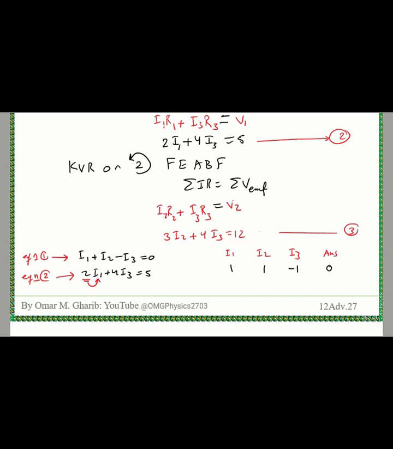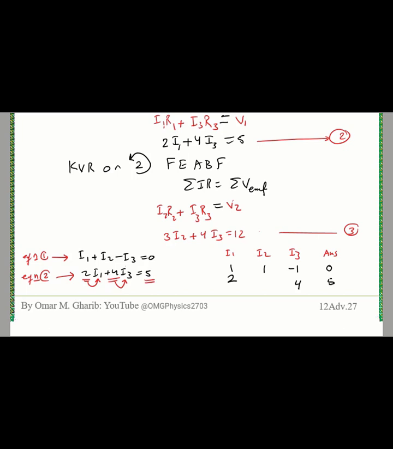So put it in our determinant under I1. So here we have 2. The second number, coefficient 4, it is for I3. So for I3, I'll put 4. Here for I3, 4. And this one, it is the answer. So it is at the last column. We finished with this equation, but there is no factor for I2, so I will put 0.